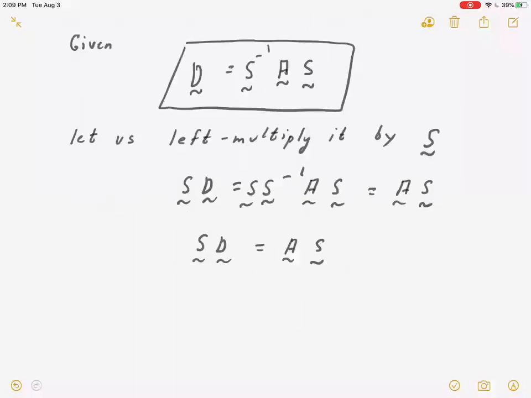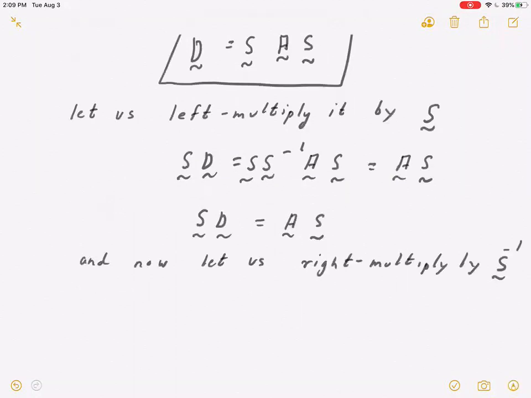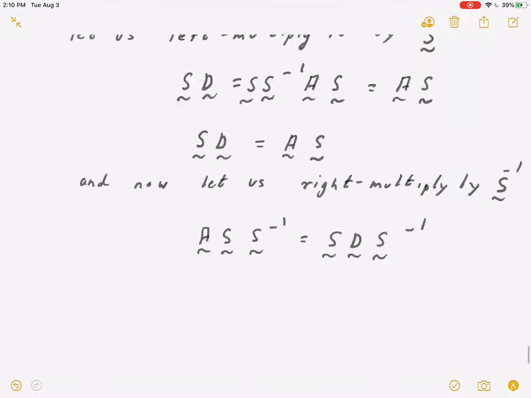And now let us right multiply this equation by the inverse of S. And so what I will get, just modify this equation slightly, is the following, or that A is equal to this expression on the right-hand side.